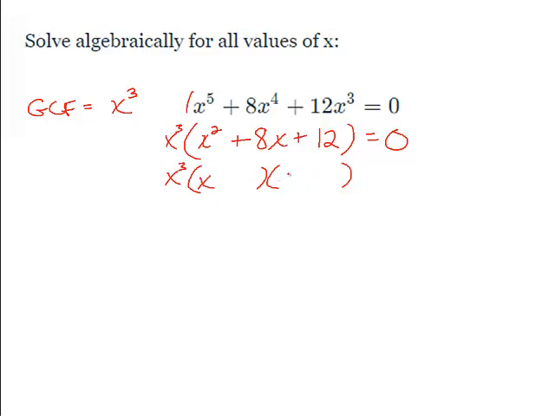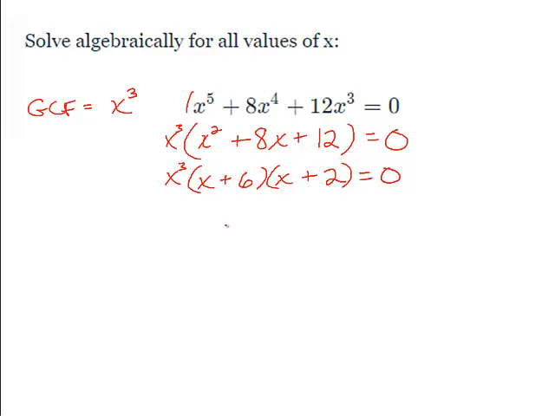I'm going to start them off with x, that way they multiply to x squared. And here is where we try to figure out what numbers will multiply to 12, but also add up to positive 8. Hopefully you can come up with 6 and 2. Both of those being positive, they do the job for us.